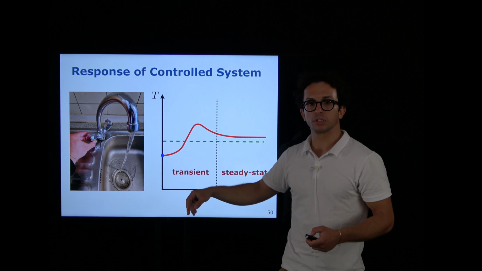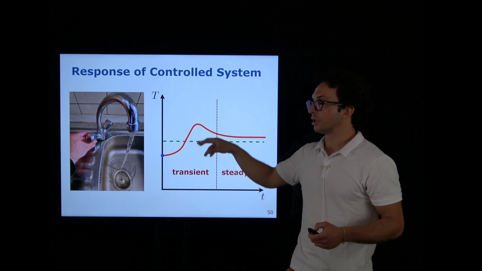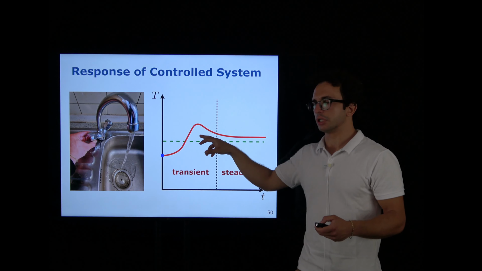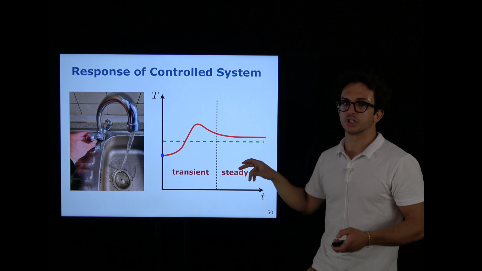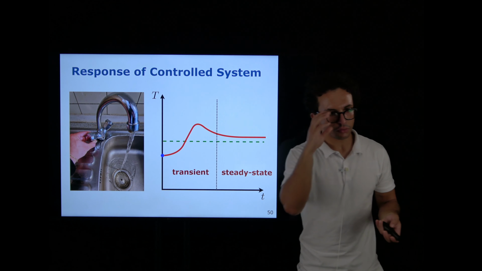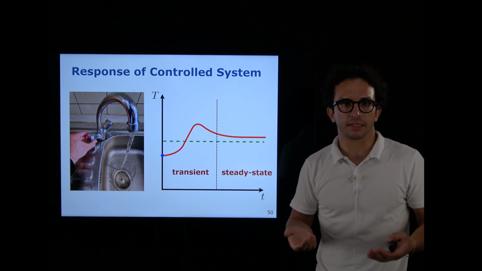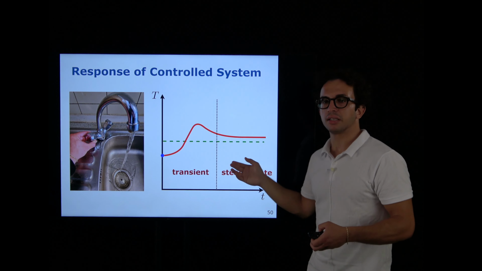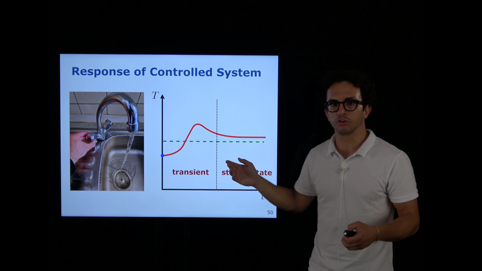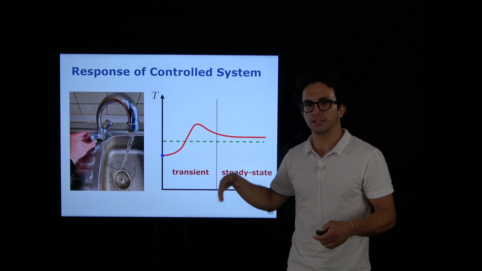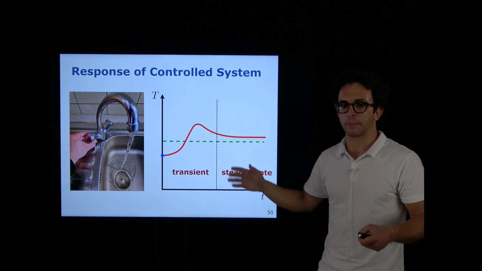The water is a bit colder than that, so it gets warmer, but usually a bit too warm, and then it converges back to the desired state. I think you can all relate to this situation when you shower, when you wash your hands or whatever. This is somehow what happens.